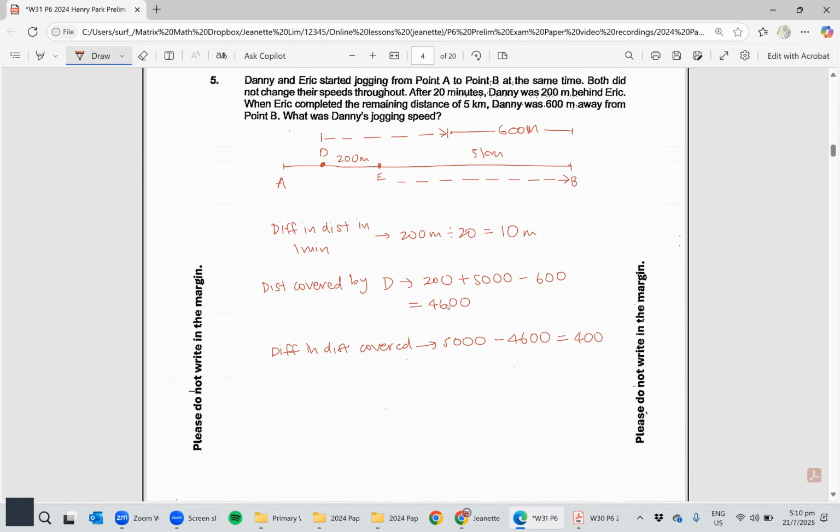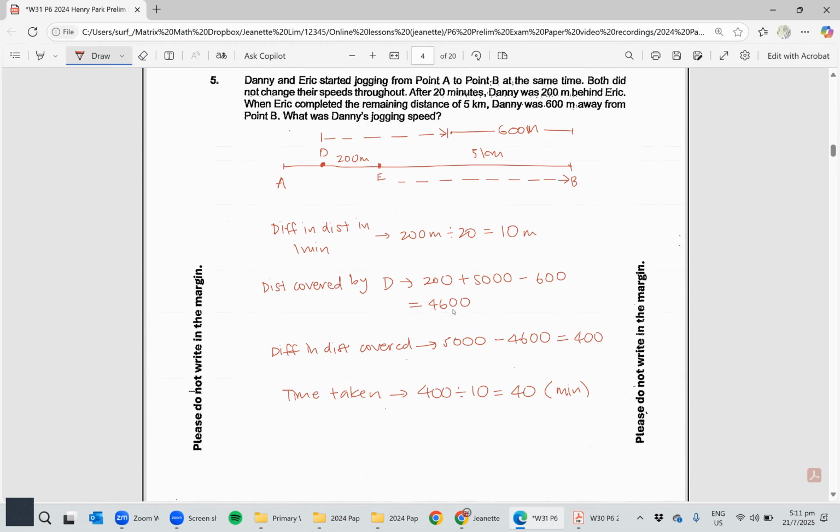So how long does it take for Eric to cover 400 meters more? Every minute he covers 10 meters more. So the time taken for that to happen would be 400 divided by 10. Okay, 40. This is in minutes. So that whole thing took place in 40 minutes for Danny to travel from here all the way to here, which is 4,600 meters.